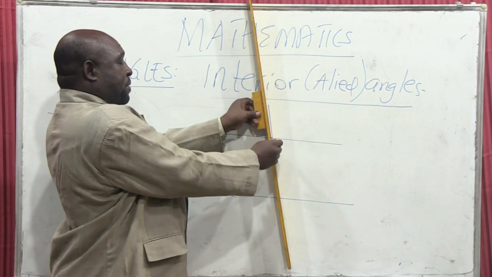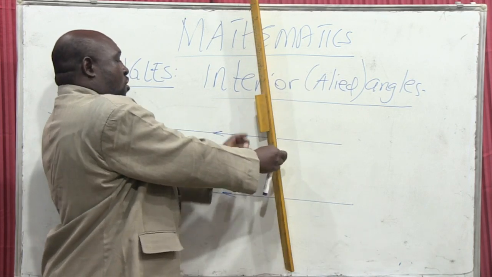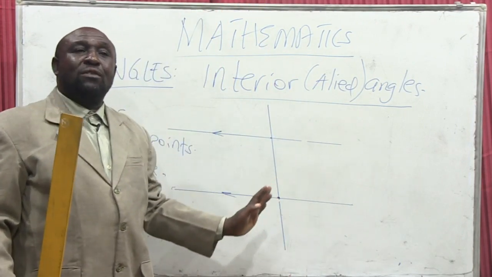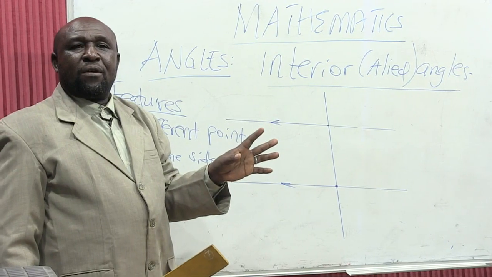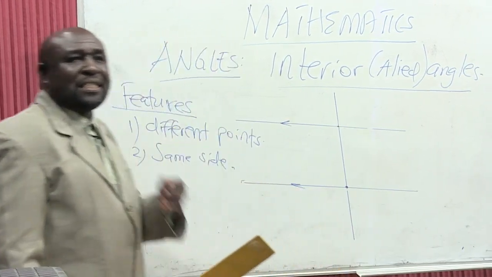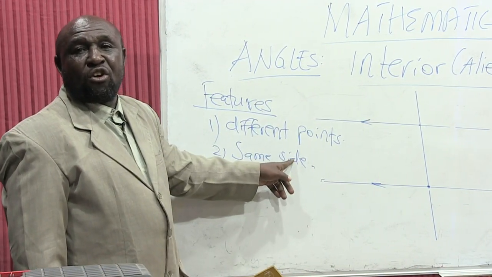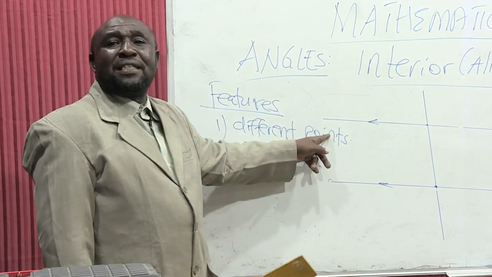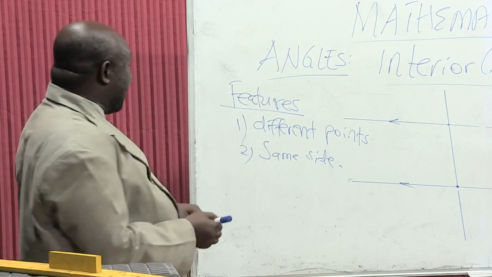One at that particular point, another at that particular point, but on the same side. So one to that side, and then another one to that side. That will make a pair of interior angles. They are at the same side. Not opposite side, but same side. Different points, same side.